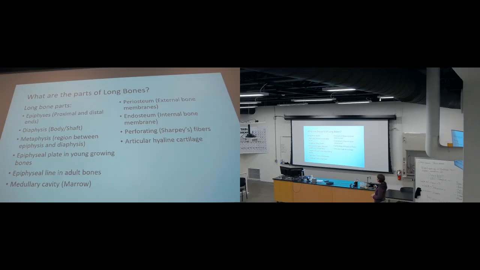And then this periosteum is held onto the bone by perforating fibers that we call Sharpey's fibers, which are nothing else but collagen fibers attaching this periosteum to the bone. And then the internal cavity, which is the medullary cavity, is surrounded by a membrane that we call endosteum.